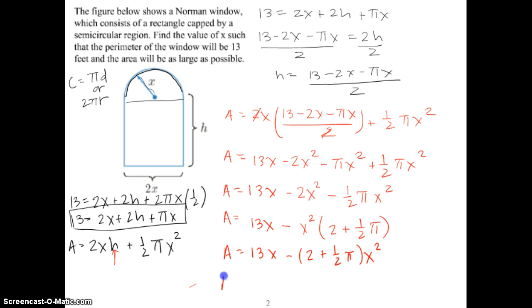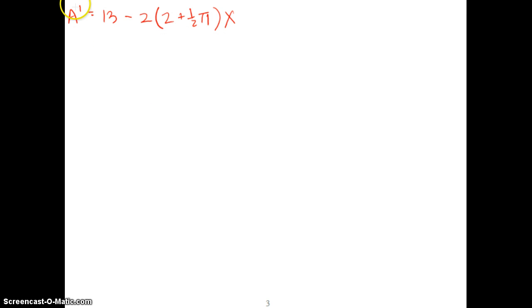So now if we take the derivative of this, a prime is going to be 13 minus 2 times 2 plus 1/2 pi x, right? So now if we simplify by distributing here, we get a prime equals 13 minus 4 minus 2 times 1/2 is going to be 1, so minus pi x, right?